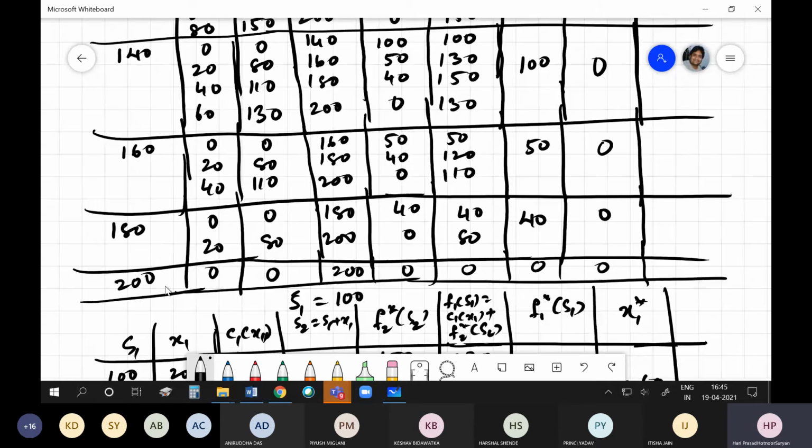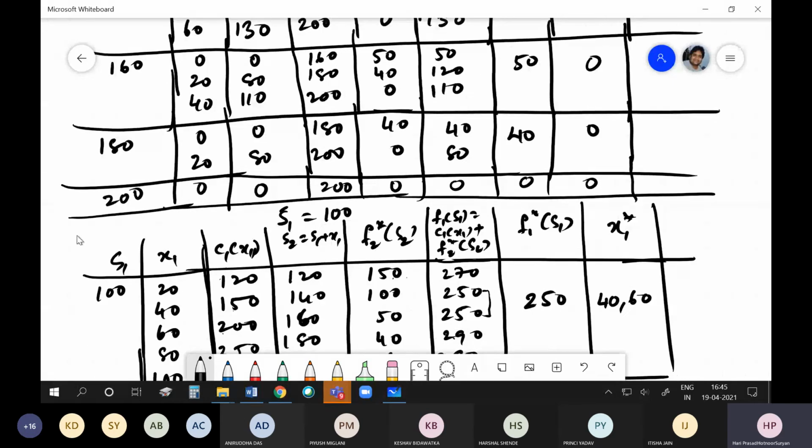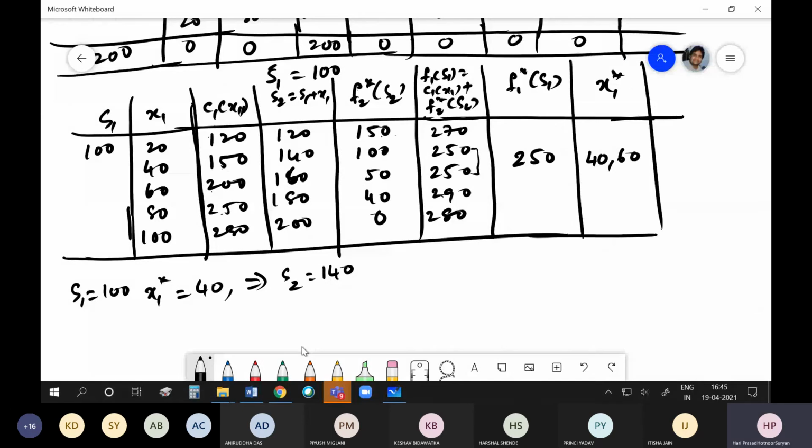So X2 star will be 0. Okay, so then what will be S3? 140 plus 0, because S2 is 140, so that will be 140. So what will be X3 star? You have to go to the S3 table.